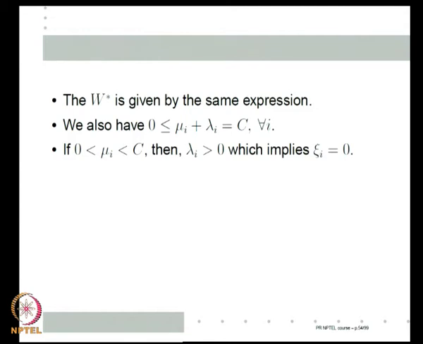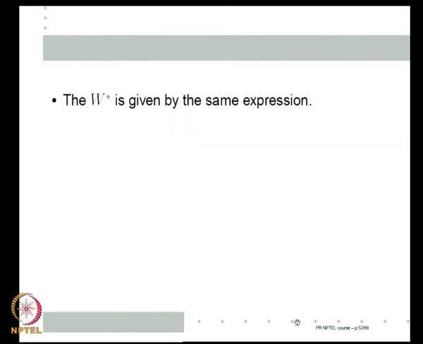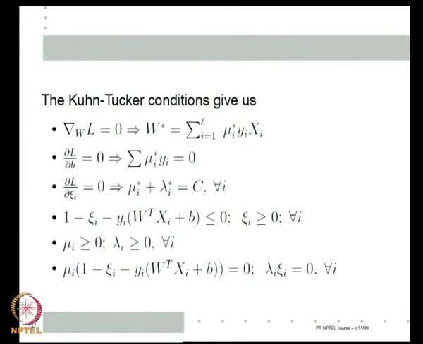Remember my complementary slackness implies that if mu i is greater than 0, then this constraint becomes equal to 0. Similarly, if lambda i is greater than 0, then ξi becomes equal to 0.